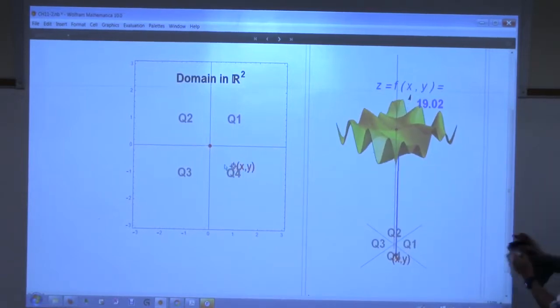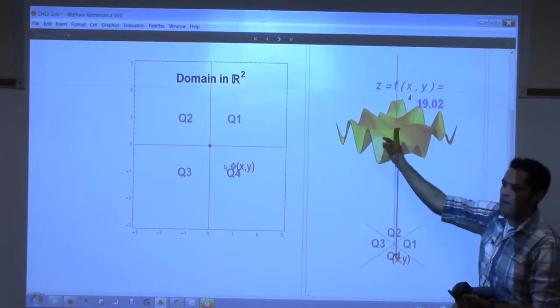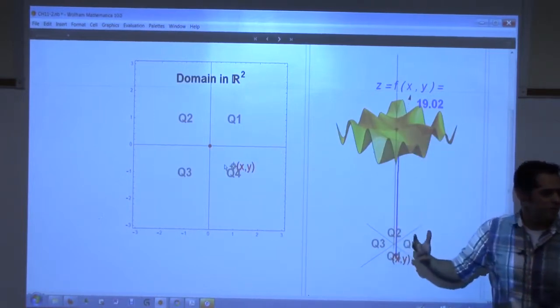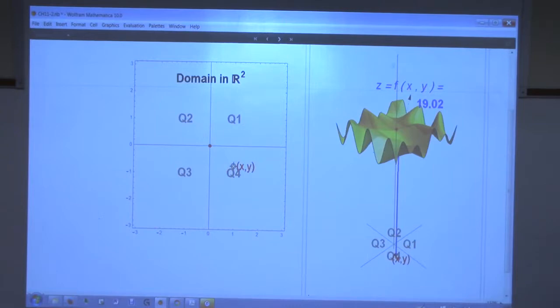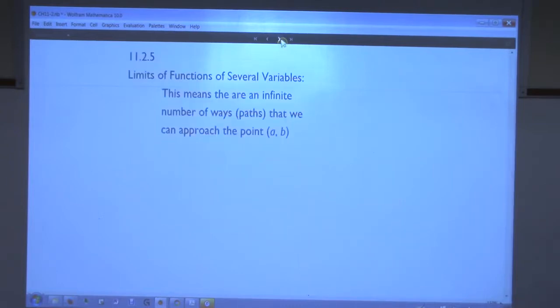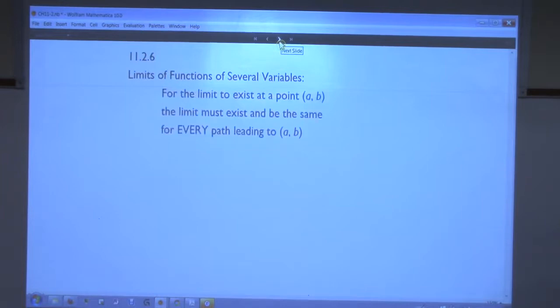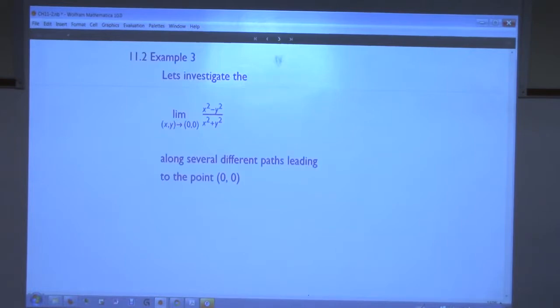Imagine that on the surface, you're just approaching that point on the surface from all these different directions. Infinite number of ways that we can approach it. For the limit to exist, it must exist for every path, and therefore our life's going to suck.